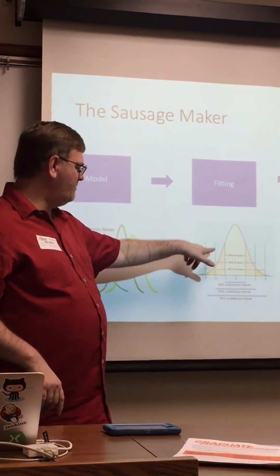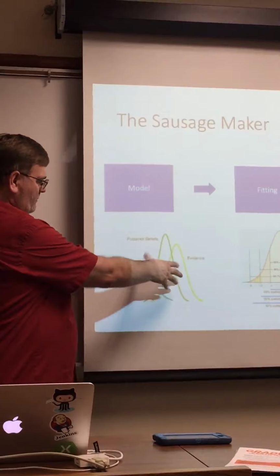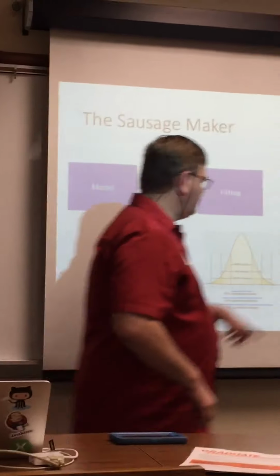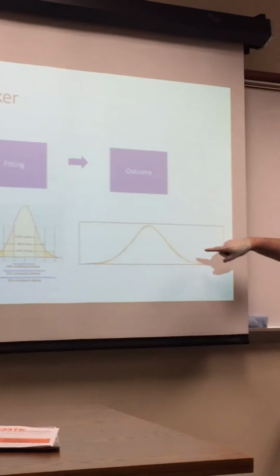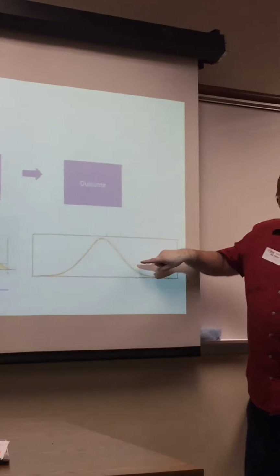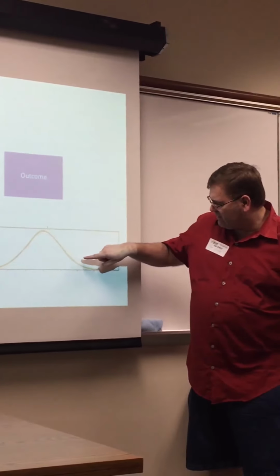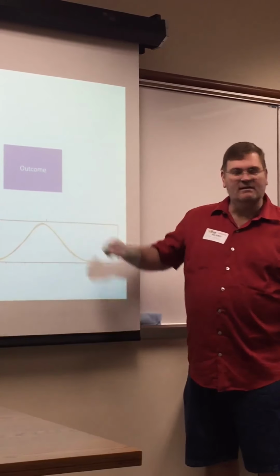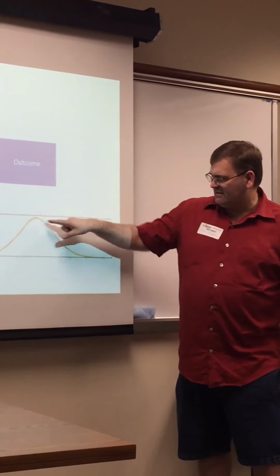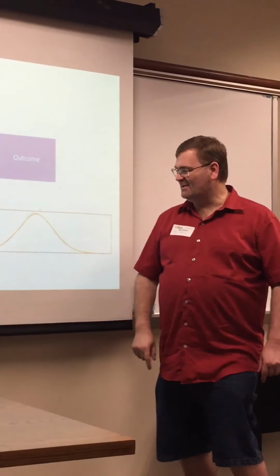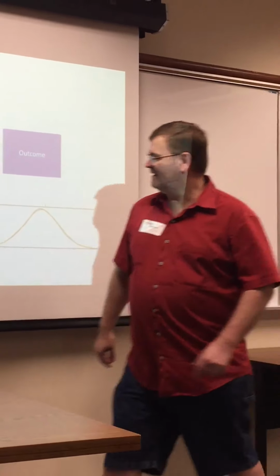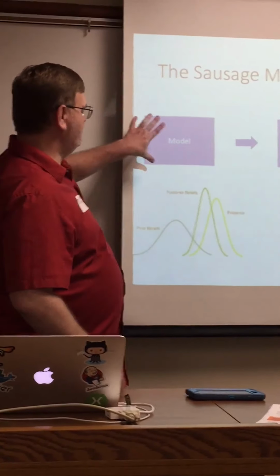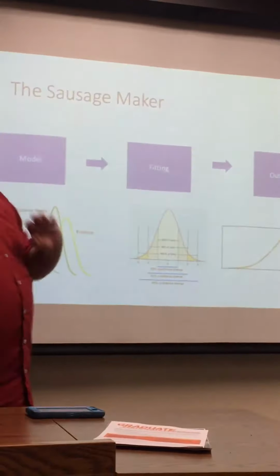This fitting part here will give you a curve that you can see, and it looks something like this. You can't see it very well, but there's actually two different curves here, the green one and the orange one. The green is the actual and the orange is the fit. What you're trying to do is get them to overlap as much as possible. So it's pretty easy, and this is how all of this is going to work. You start with some model, you fit it, and then you see what you got.